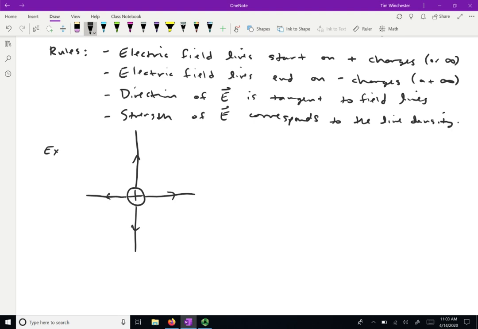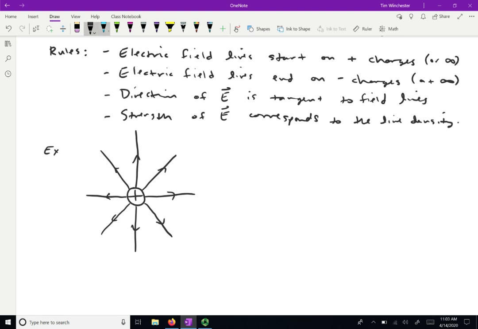The exact number we draw is up to us. I'll draw 8. So electric field lines starting at the positive charge, going off to infinity, like so.